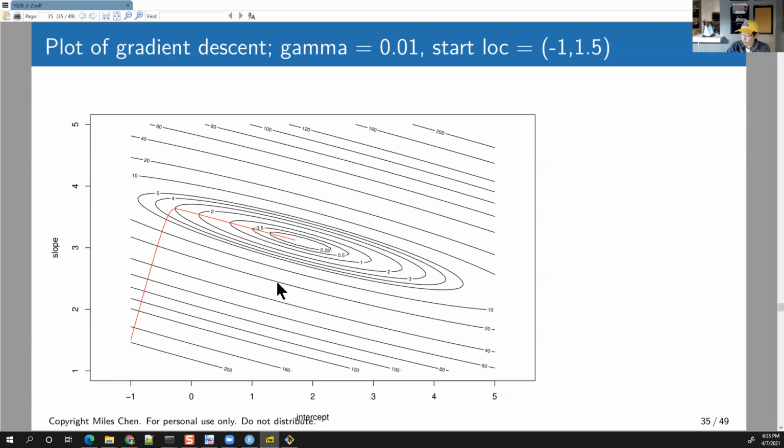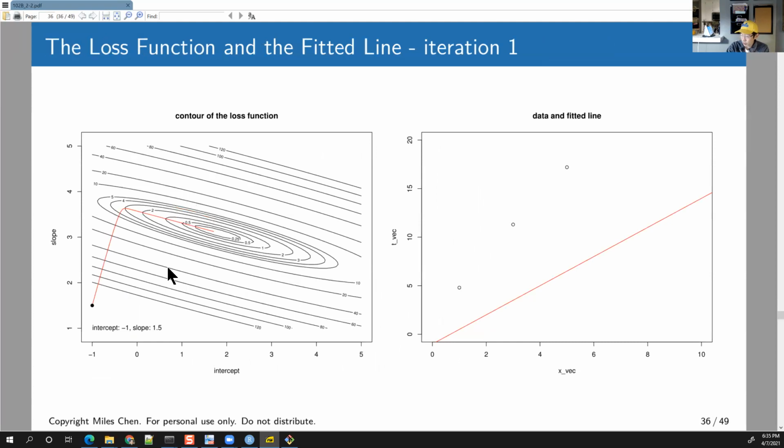And so visually, this is what it looks like when we're trying to fit the 3 points in our data set. We started off with an intercept of -1 and a slope of 1.5. Here are the 3 data points, and our initial line of fit, this red line, has an intercept of -1 and a slope of 1.5.